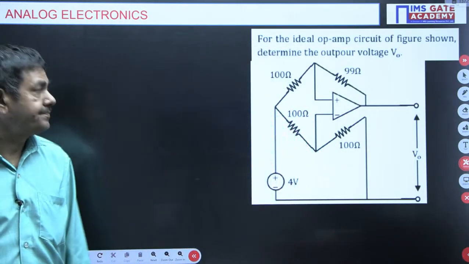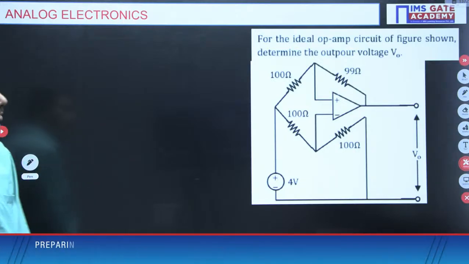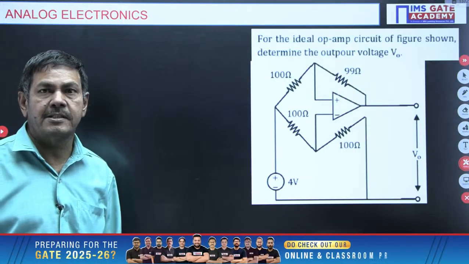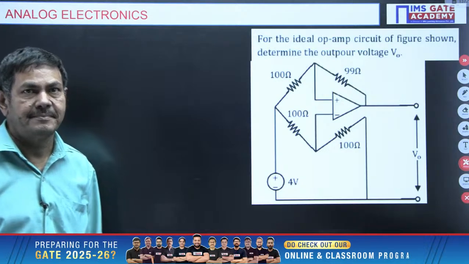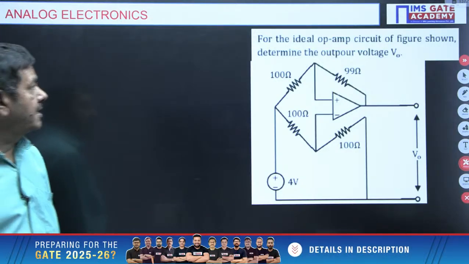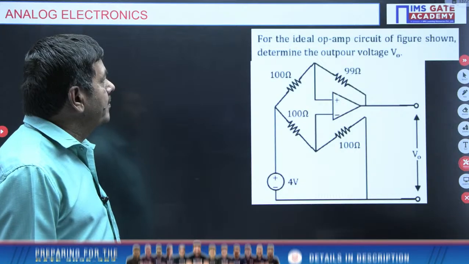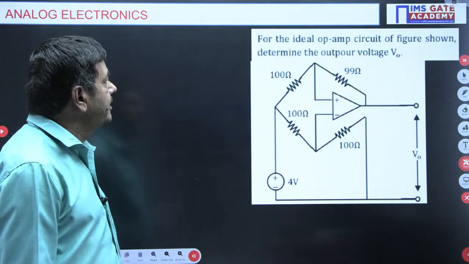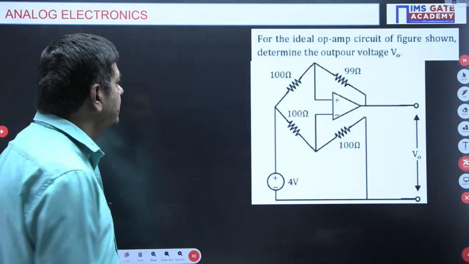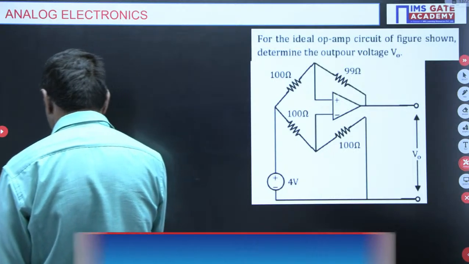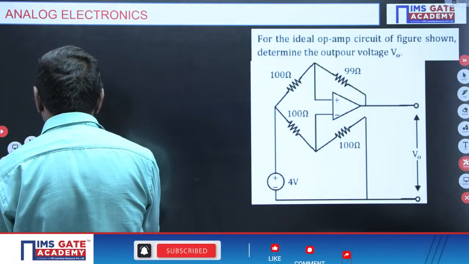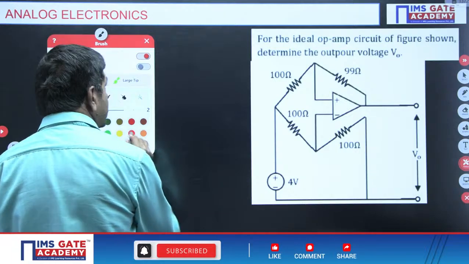Getting anybody? But I want the solution for this. V naught is required for this given problem. What is given here? For the ideal op amp circuit shown in the figure, determine the output voltage. I want the output voltage.